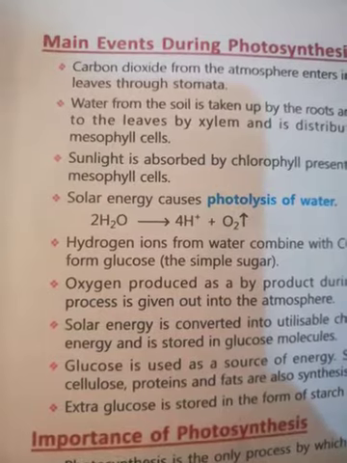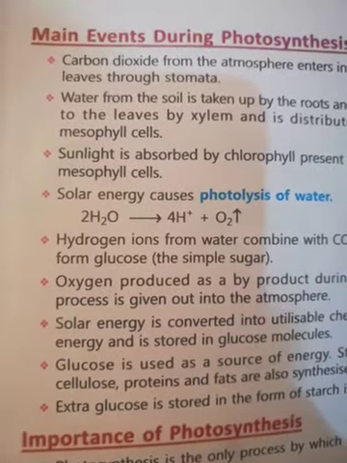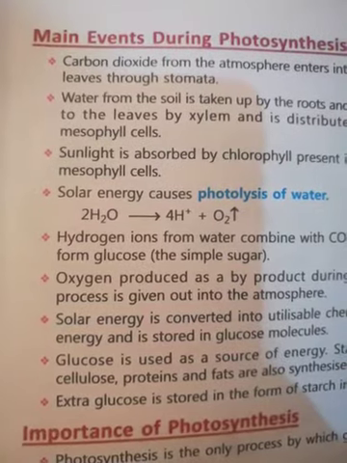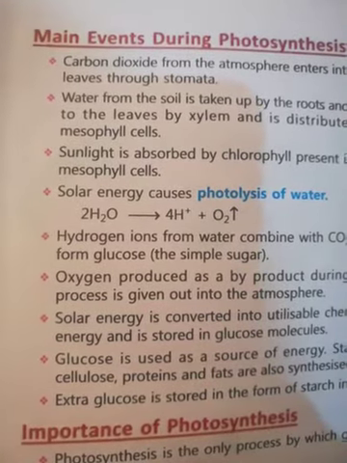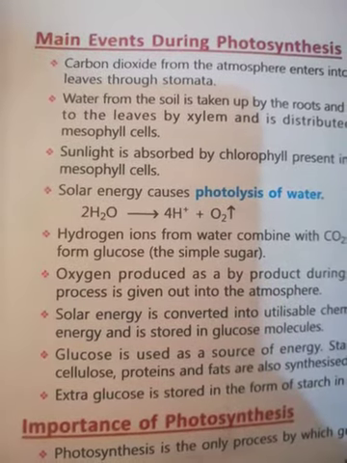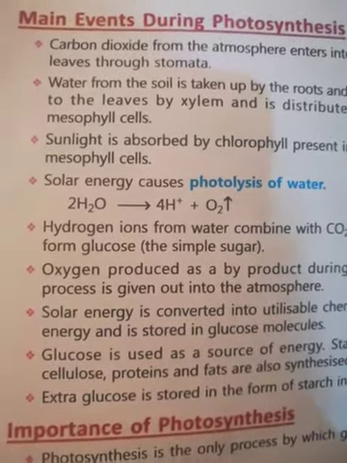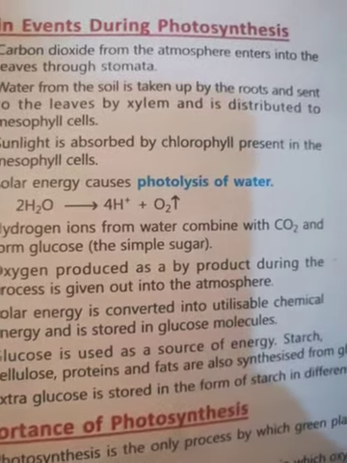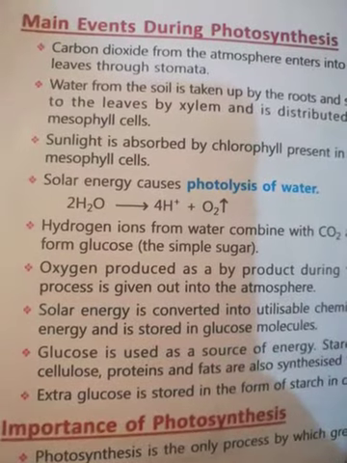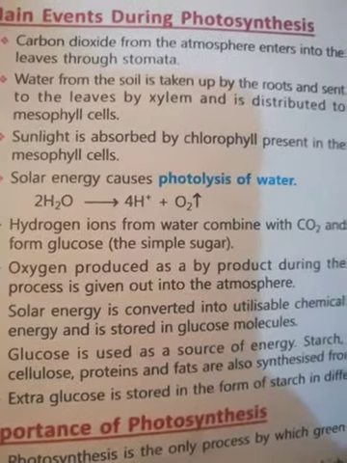They are specifically present on the upper and lower surface of leaves. These stomata or pores help in gaseous exchange and other purposes. Carbon dioxide from the atmosphere enters into the leaves through stomata.